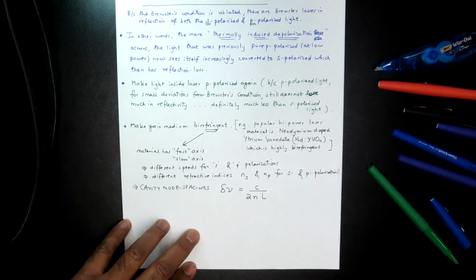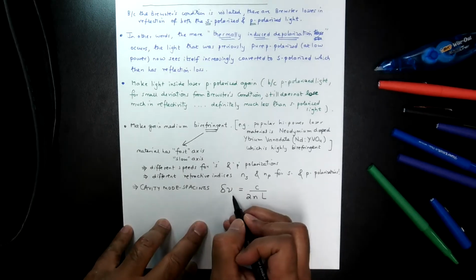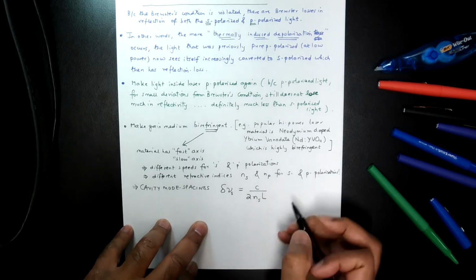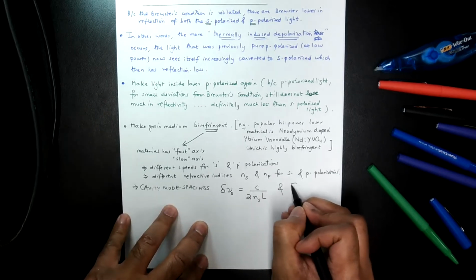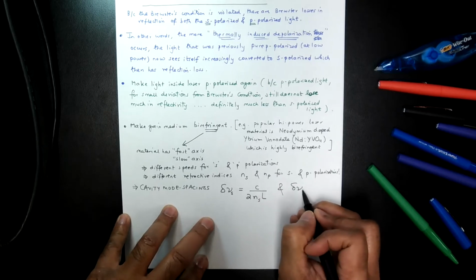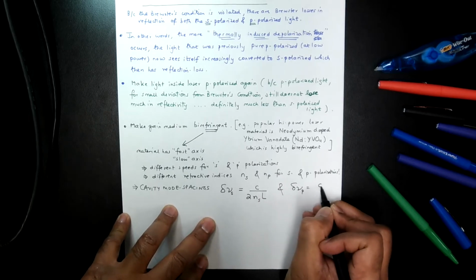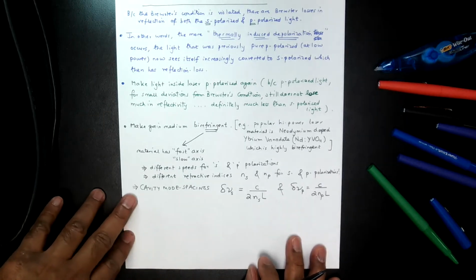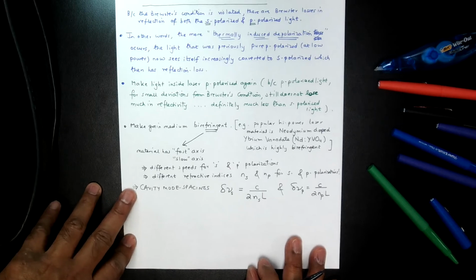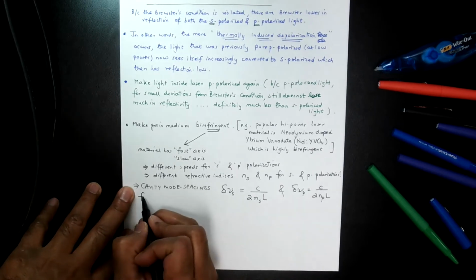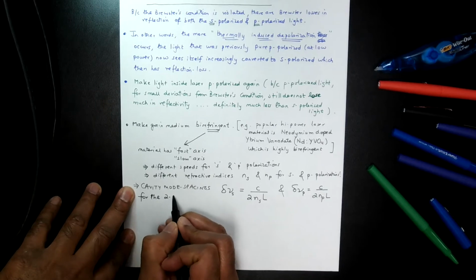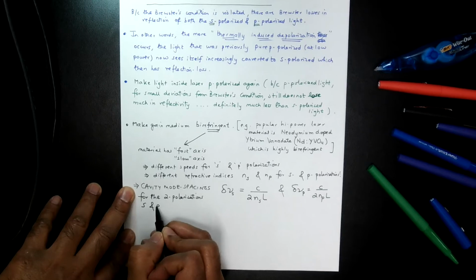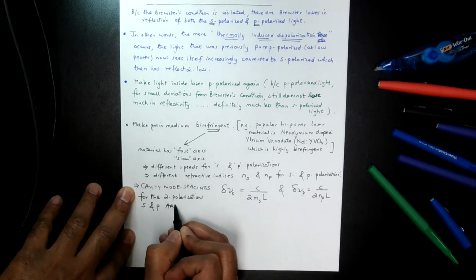Well, now you'll have a cavity mode spacing for S and a cavity mode spacing for P. These cavity mode spacings for the two polarizations S and P are different.